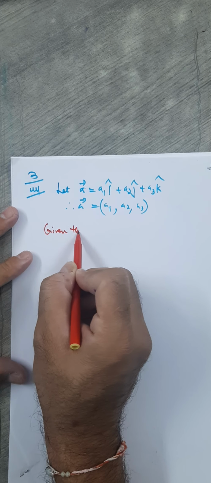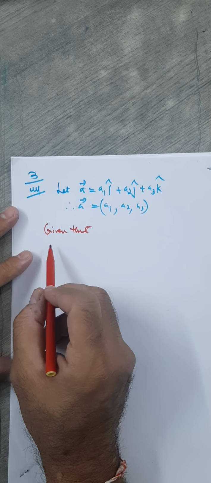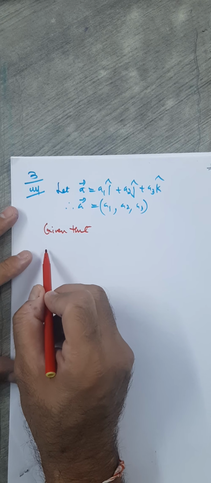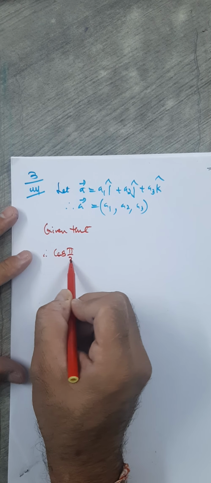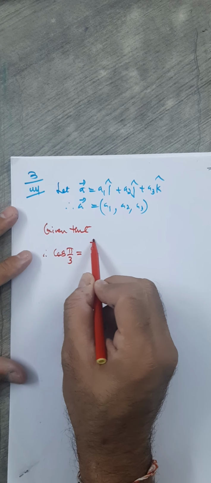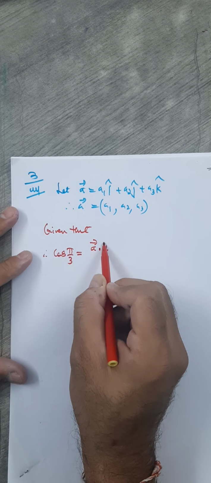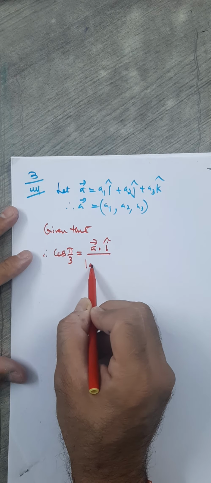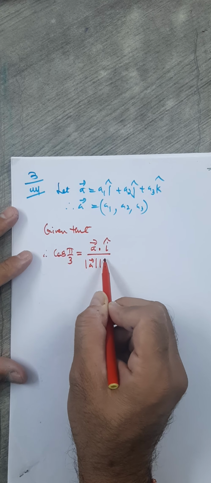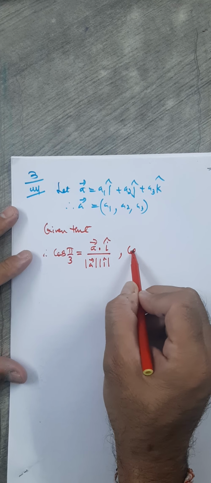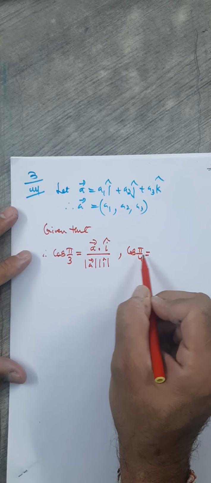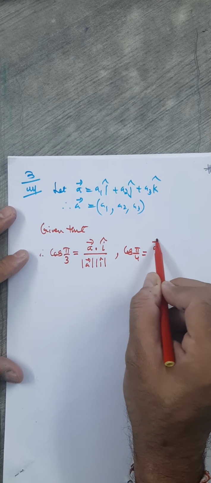What's given? Given that pi by 3 with i cap, so cosine pi by 3 equals vector A dot i cap upon their magnitude. Pi by 4 with j cap, so cosine pi by 4. Have you realized I have used the formula to find the angle between two vectors?